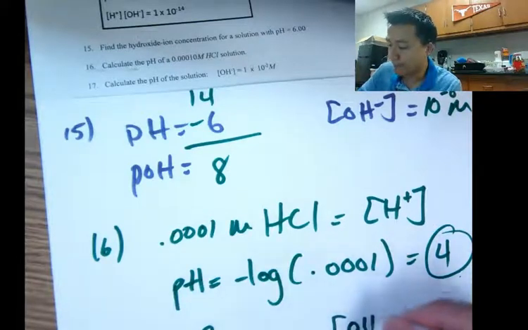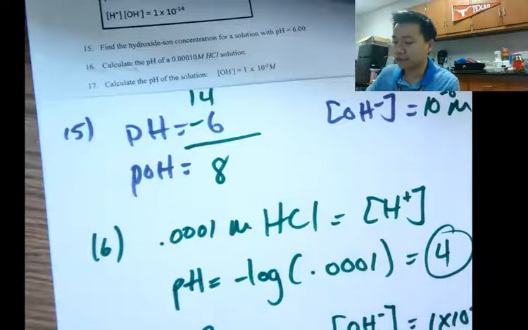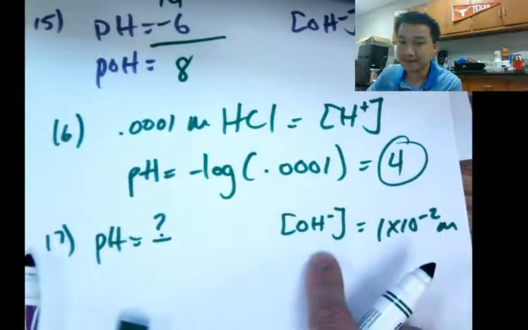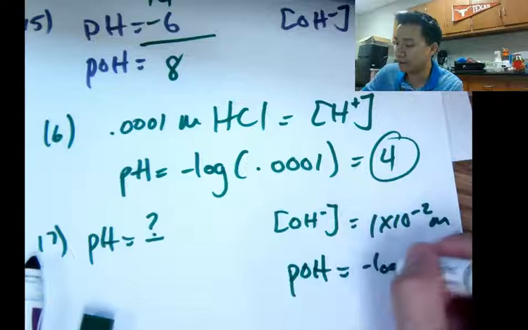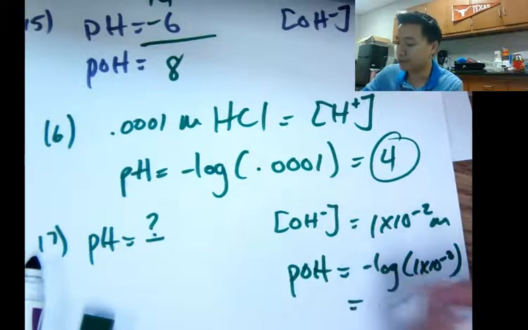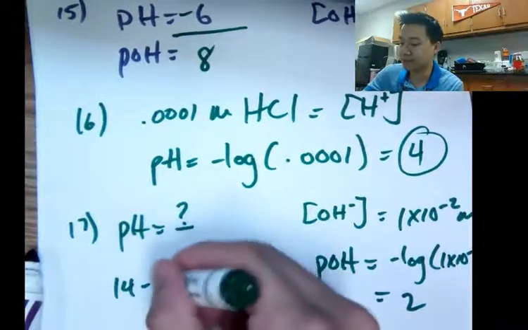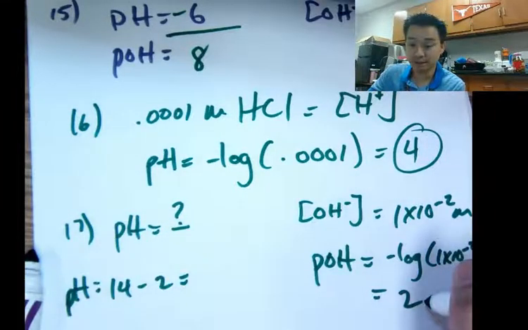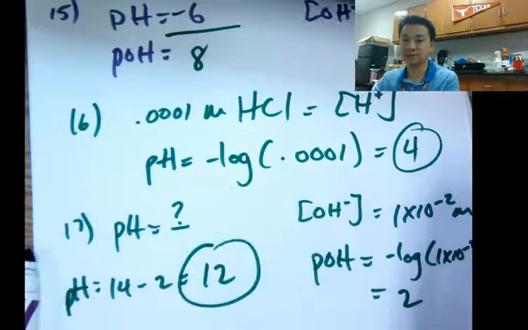OH equals 1 times 10 to the negative 2 molar. So with OH, you can find POH, which is negative log of that. That equals 2. So the pH is 14 minus 2. Right, because 2 is POH. We don't want POH, we want pH, so 12 is the answer to 17.